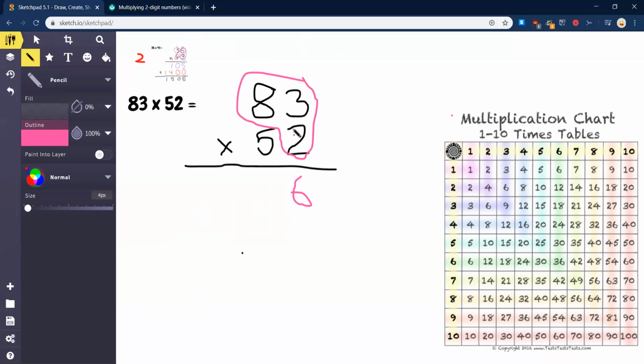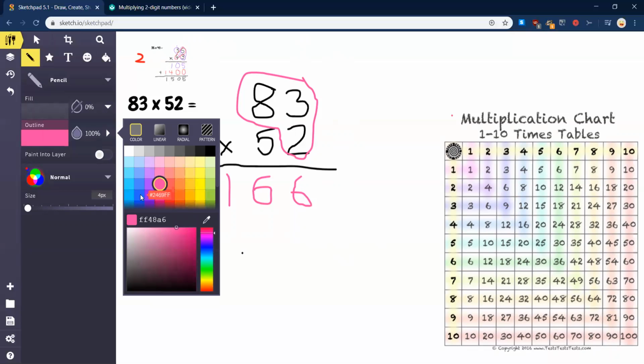So we did 2 times 3 equals 6. 2 times 8 is 16. I could skip count that out: 2, 4, 6, 8, 10, 12, 14, 16. So 2 times 8 is 16. I can put the 6 here in the tens column and the 1 in the hundreds column. So 2 times 83 equals 166.